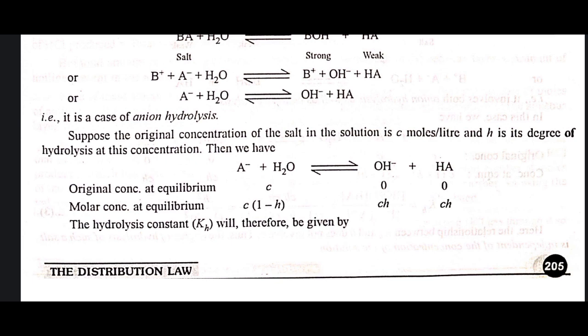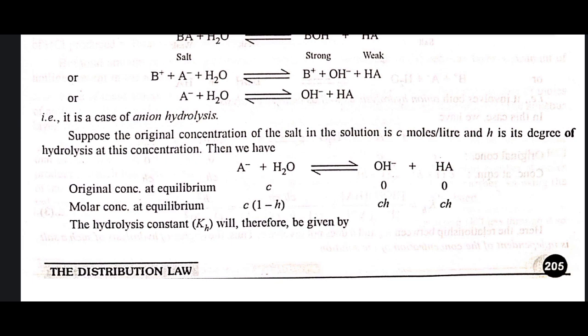Thus, we have A negative plus H2O under equilibrium gives OH negative plus HA. Original concentration is C, 0, 0. Molar concentration at equilibrium is C(1 minus h), Ch, Ch.